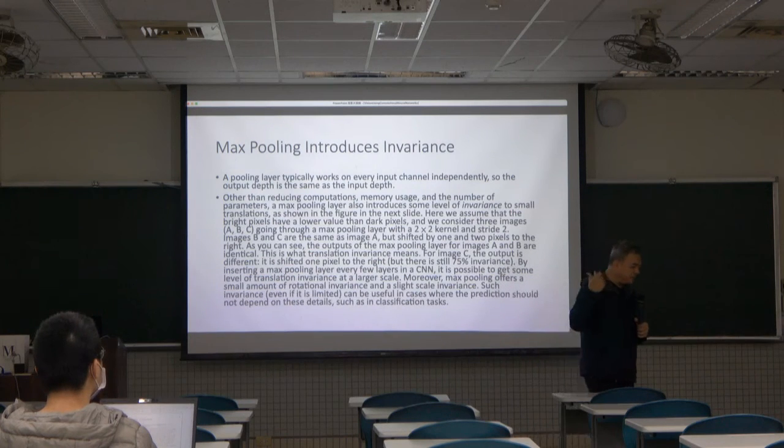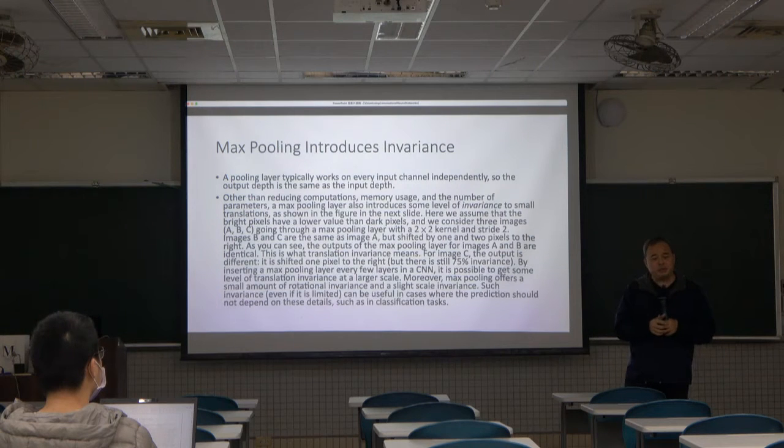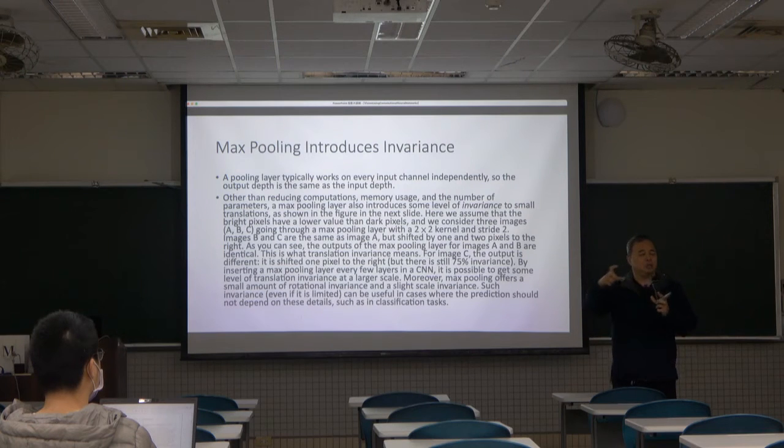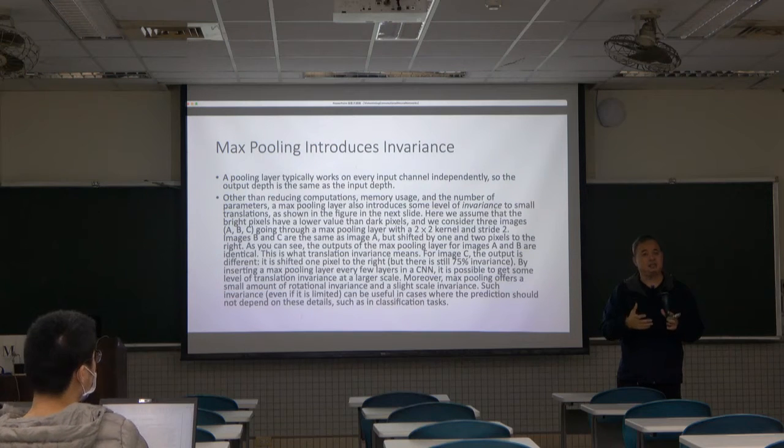You may ask, what is invariance? Remember when earlier we talked about convolutional neural networks, if you learn a feature at one position, you are able to recognize that feature at any location of the image, right? That's the basic idea of invariance.